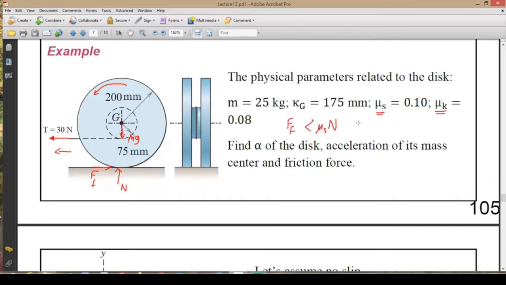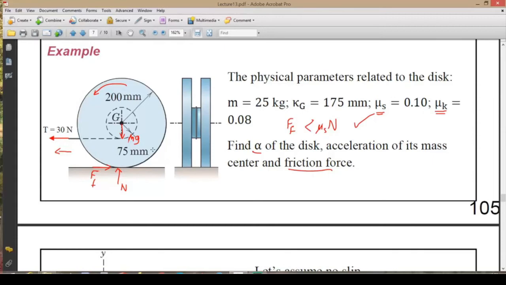If this is satisfied, then we say, okay, the wheel rolls without slip. And then what we are asked to find is the angular acceleration of the disk, the acceleration of the mass center, and the friction force. All these actually have to be found during our investigation of the slippage.